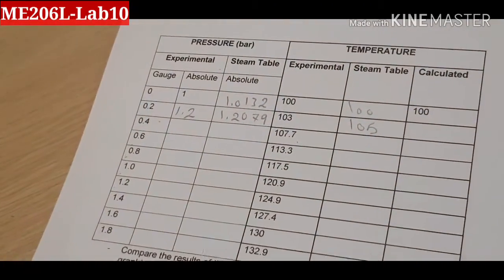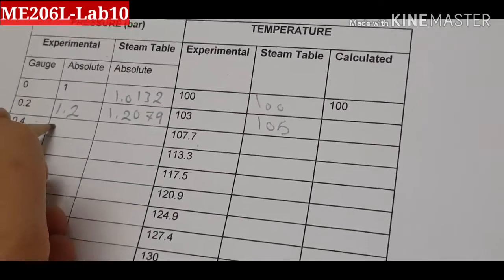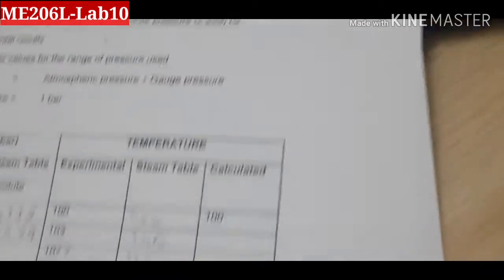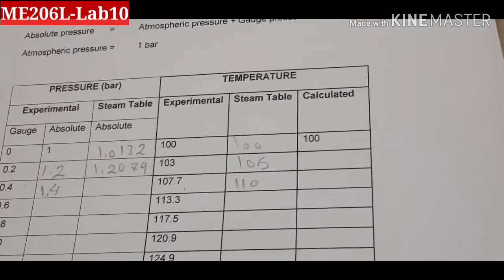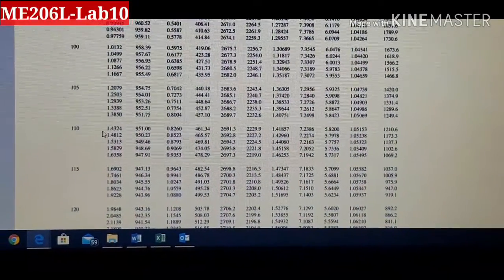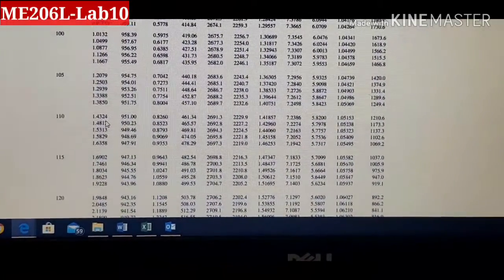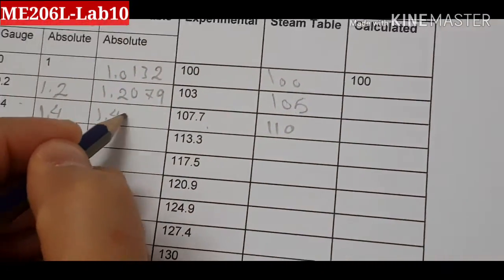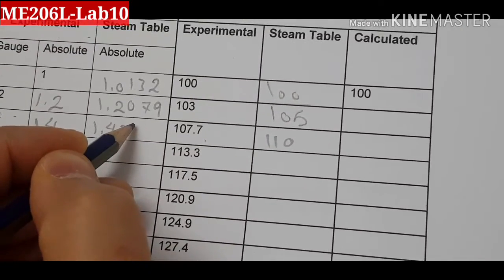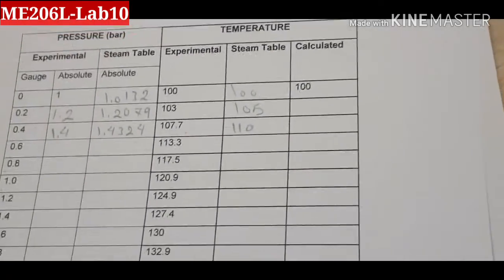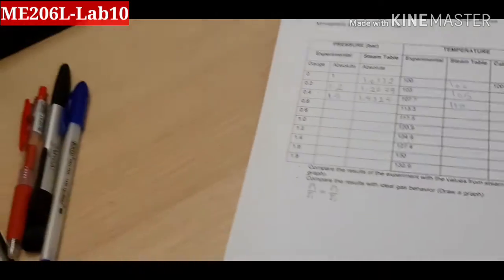So what we have to write here is 1.4, and the temperature is 110. And back to the steam table, at 110 the pressure was 1.4324, and so on. Let me just fix the camera again.